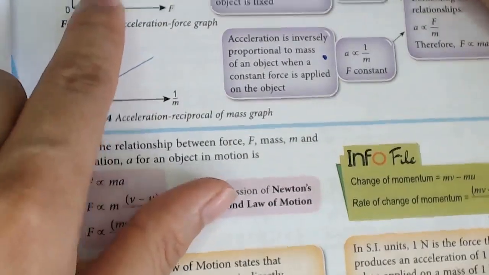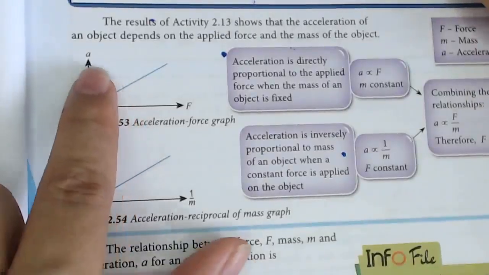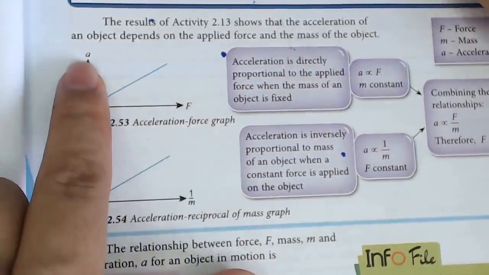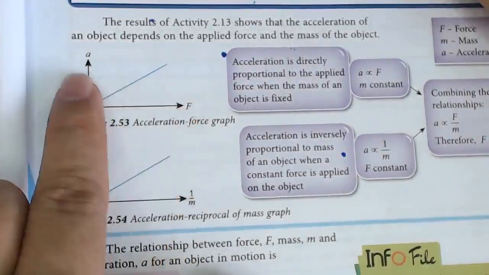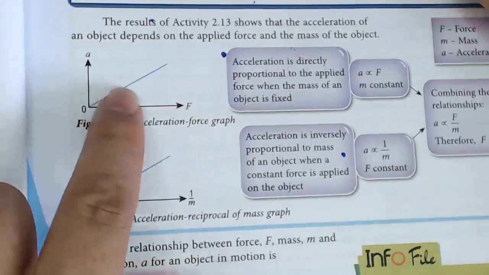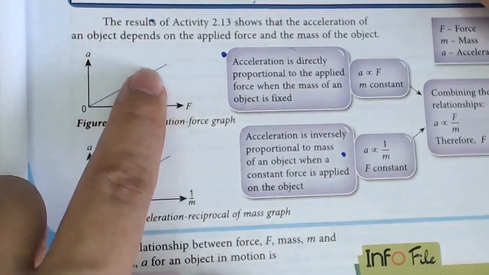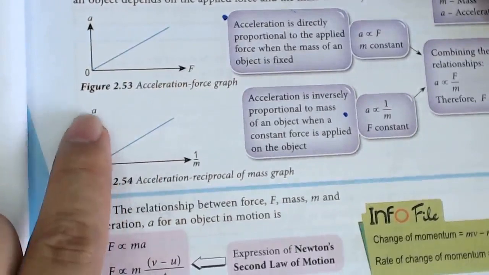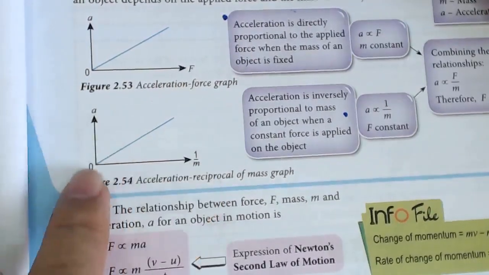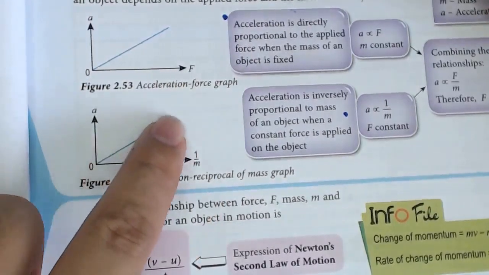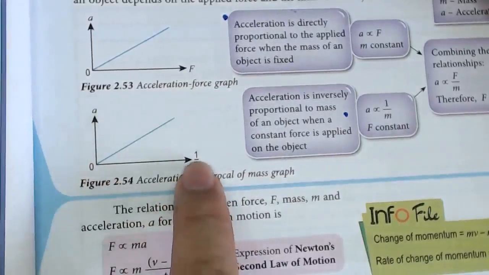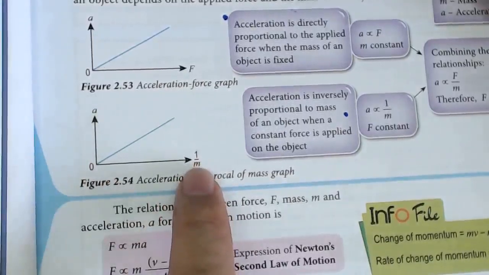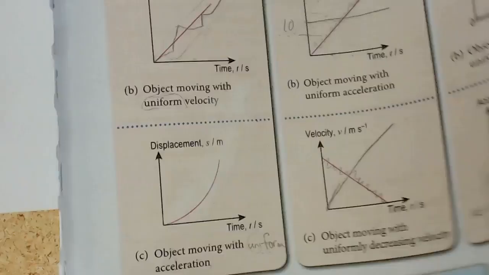So this is what the graph may look like. For activity number 1, between F and a, the graph will look like this, which is directly proportional. And for activity number 2, between a and mass, we'll also have this kind of graph, because we already did the reciprocal for this m. If we don't do this reciprocal yet, the graph will look like this.